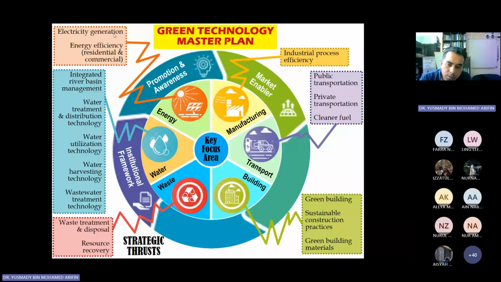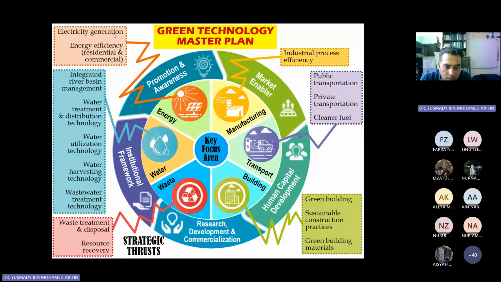Human capital development, so we need to have workers, human resource in order to implement the plans. And also we need to conduct research, development, and also commercialization in order to achieve the objective of the Green Technology Master Plan. So these are the key focus area and also the strategic thrust and the detail about the component under the Green Technology Master Plan.